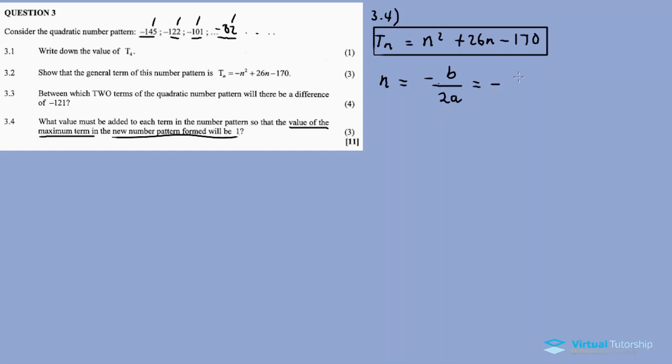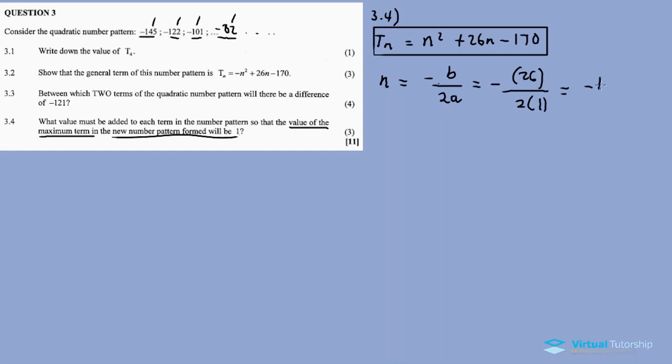So it's going to be minus b over 2a, which is minus 26 over 2 times negative 1.